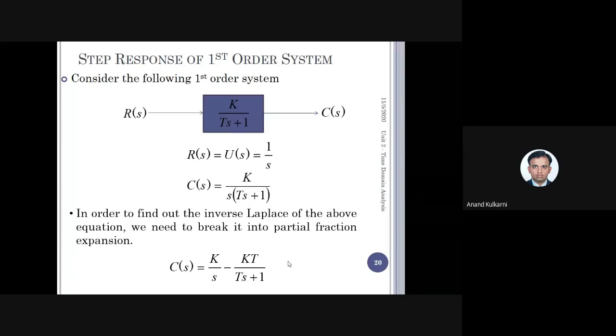Now you have to take the limit, that is the denominator of B tending to 0, that is Ts plus 1 tending to 0, meaning Ts is tending to minus 1, or S is tending to minus 1 upon T. So substitute wherever S is there by minus 1 upon T, then you get the value of B as KT.